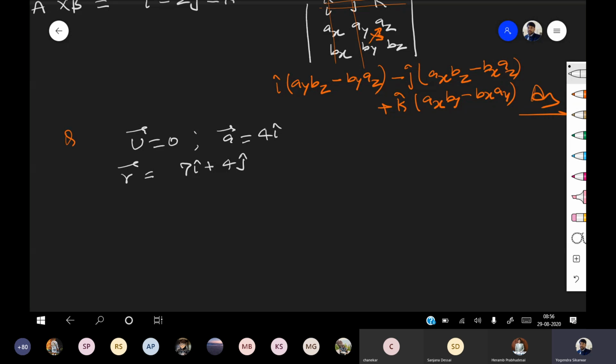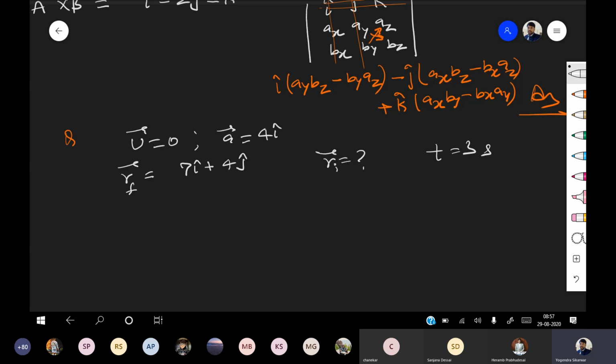This is the final position. You can call it r final. So what is its initial position? So ri is equal to question mark. Okay. And time is how much? 3 seconds. So t is equal to 3 seconds.